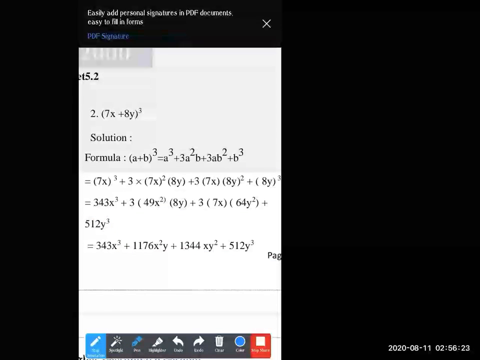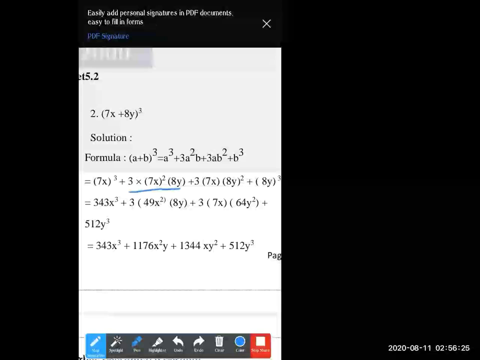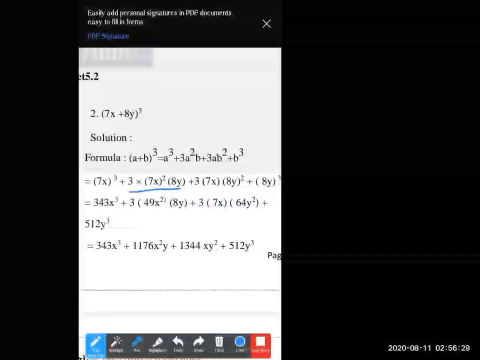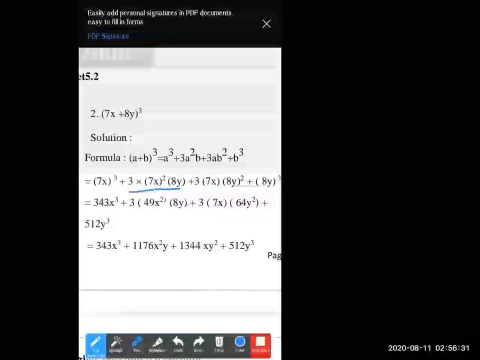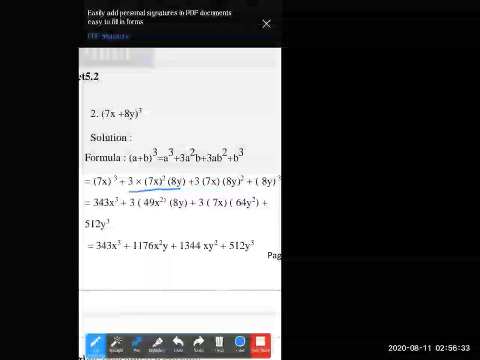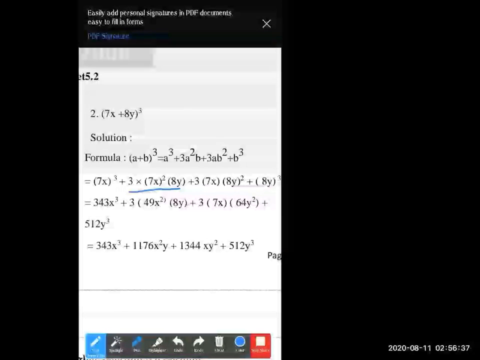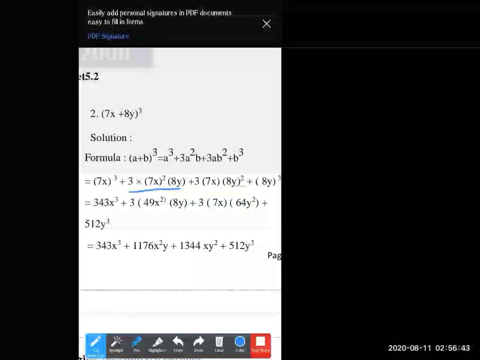Now next we will simplify this one. Dekho pehla humko square nikalna hai. 7 ka square kya hota hai, 49. So we will write as it is other thing, only we will split the 7 square. 7 square is 49, so it becomes 3 into 49x square into 8y.